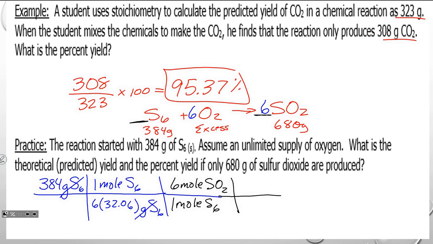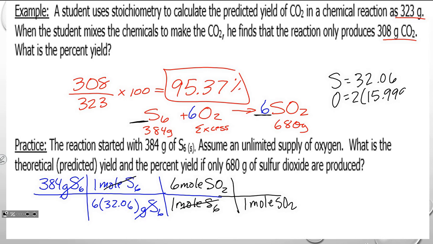So at this point right here, mole of S6 goes out. But now, in order to get to the last step, 1 mole of SO2 is going to go on the bottom, but I'm going to have to add up sulfur, 32.06, oxygen, 2 of them at 15.99, and get an answer here.